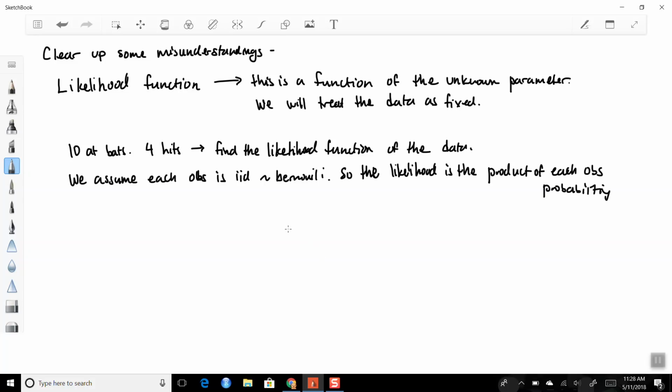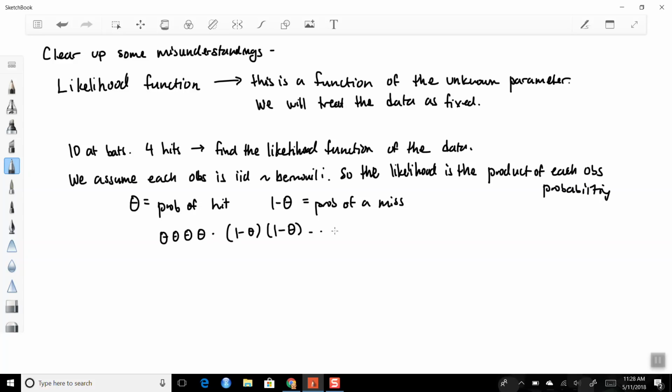Okay, so we've got theta equal to the probability of a hit, and 1 minus theta will be the probability of a miss. If we have 4 hits, we would have theta times theta times theta times theta times 1 minus theta times 1 minus theta times 1 minus theta.